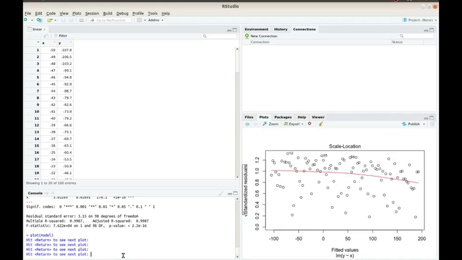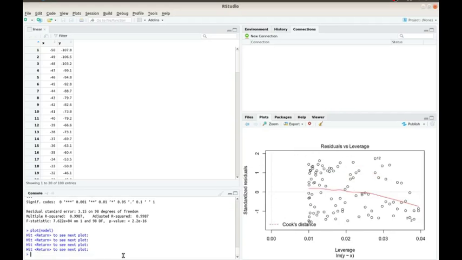The scale-location plot of the standardized residuals to the fitted values of the linear model is again well fitted. And the standardized residuals against the leverage of the linear model is again well fitted.